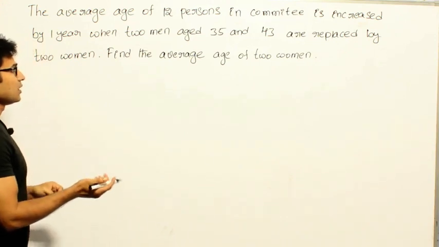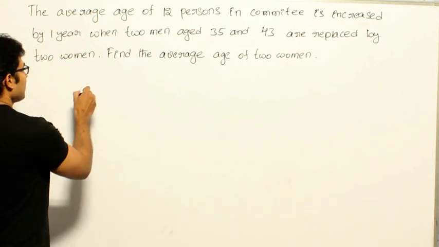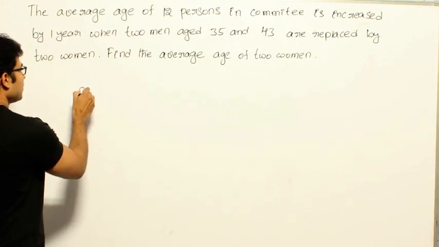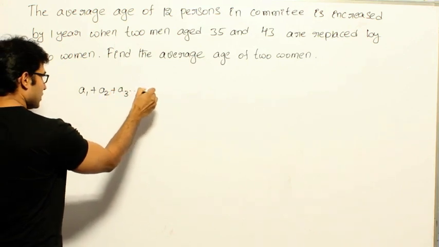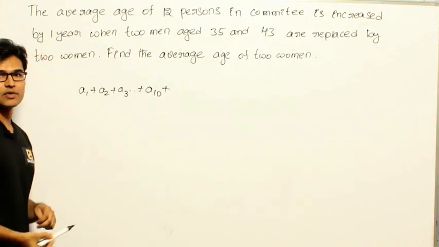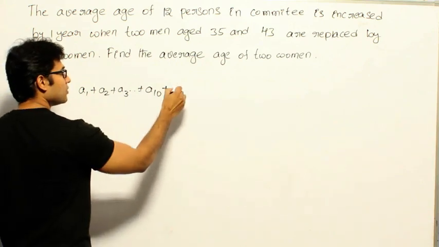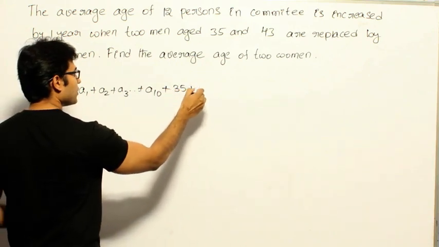So like this. Let us say 12 members are given, A1, A2, A3, and so on up to A10, plus 2 people whose ages we already know, 35 and 43.